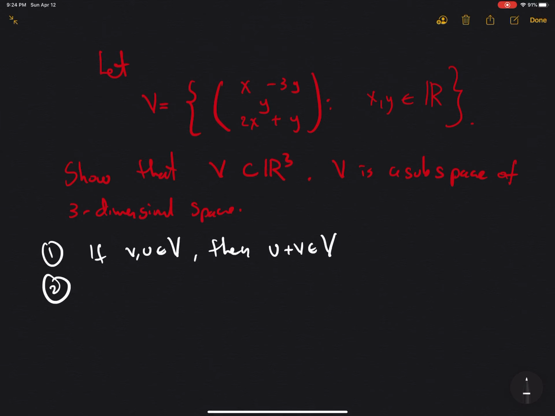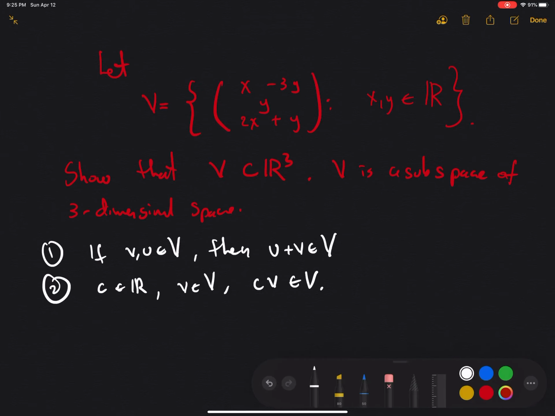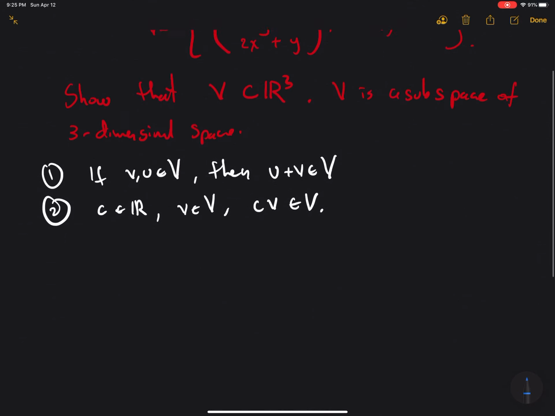And two, if we have a scalar and a vector in V, then the scalar times the vector is also an element of the vector space. If V satisfies these two properties, then V is a vector space, and since it is a subset of R3, it will be a subspace of R3. So let's start checking these two properties.